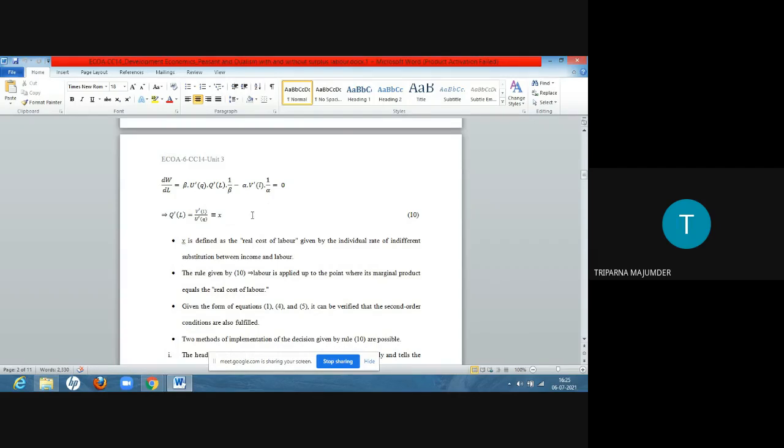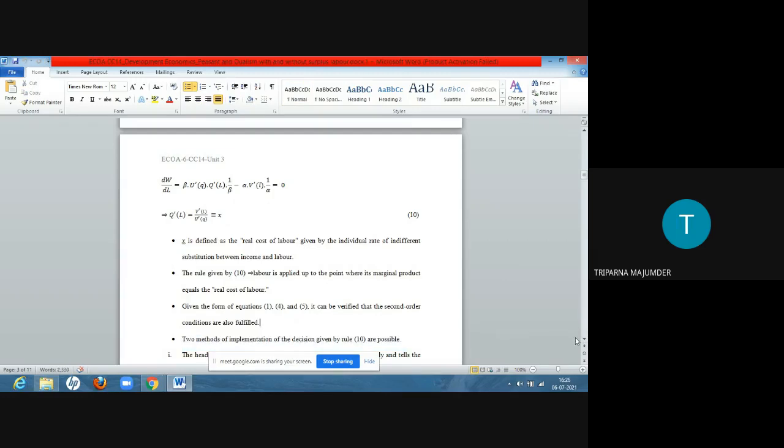Now, given 1, 4, and 5, it can be verified that the second order conditions are also fulfilled. What is 1? The nature of the production function, and 4 and 5 give us the nature of the utility and disutility functions.